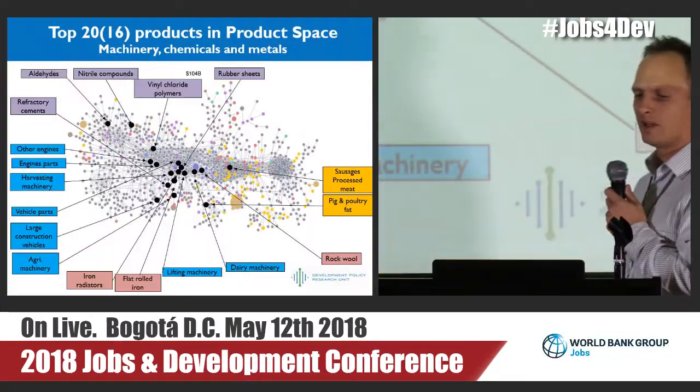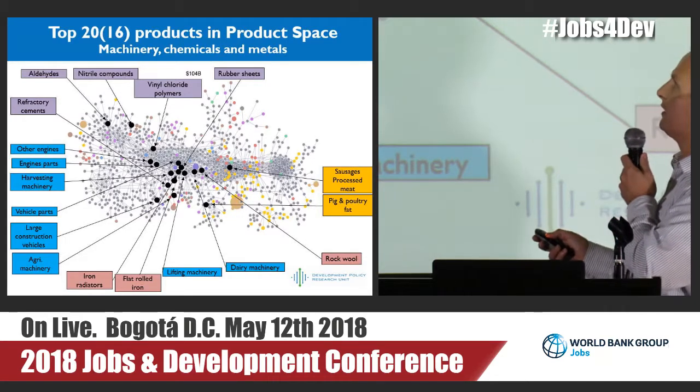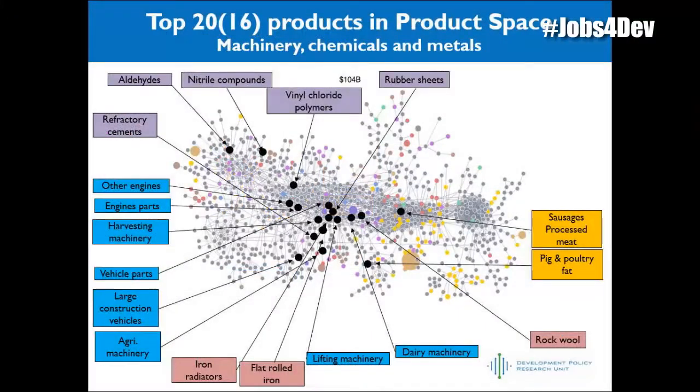I've got the list there, but let's look at it in terms of the product space. And what you have is chemicals and rubbers and plastics.